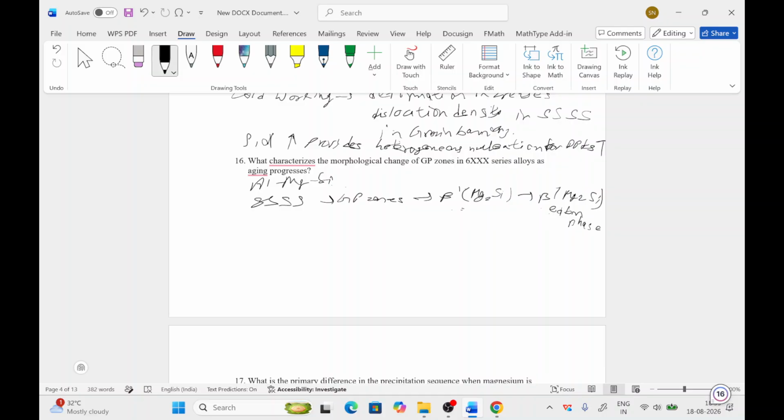So the morphology of GP zones initially is spherical, and as it grows with beta, these spherical precipitates elongate in beta dash along the 100 direction.